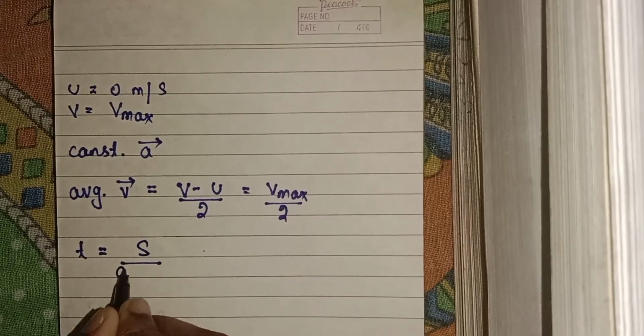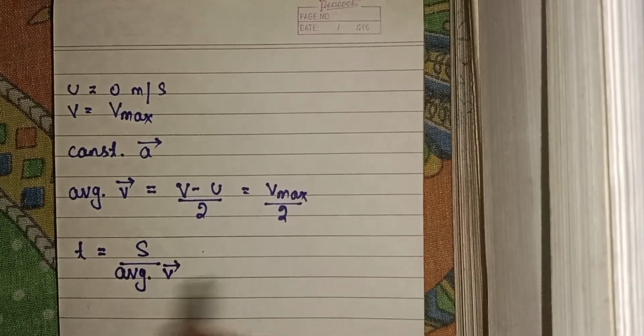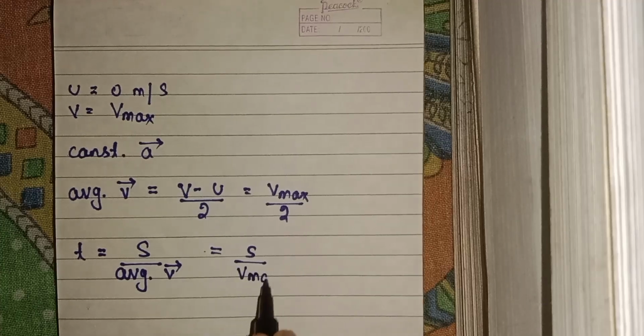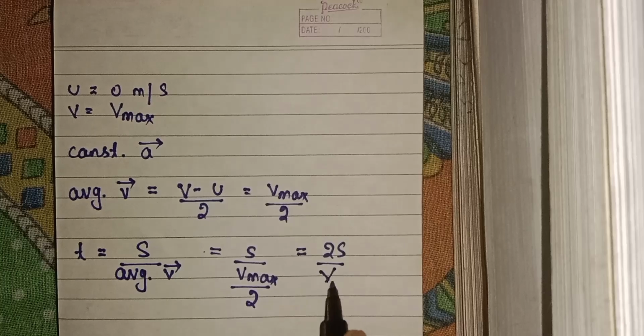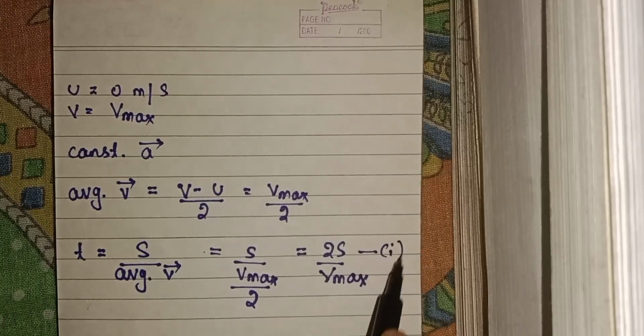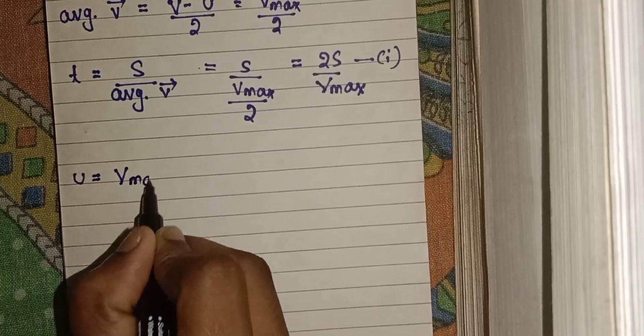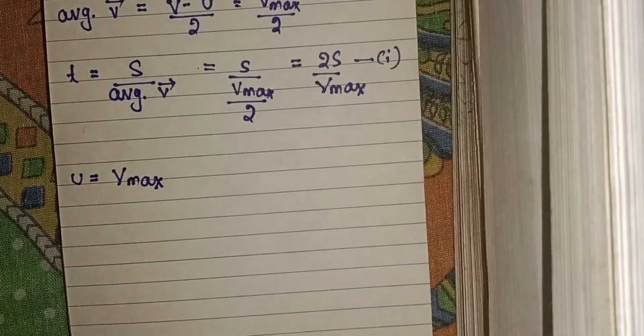Then we must find the time taken to cover the distance, which is t is equal to distance covered by average velocity, which is equal to s by v max by 2, which is equal to 2s by v max.